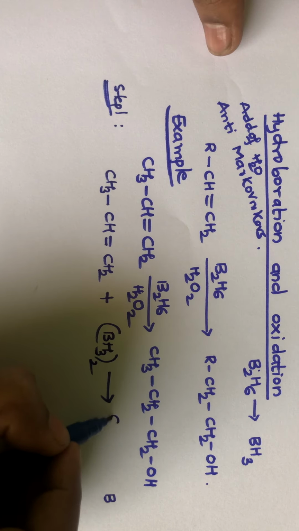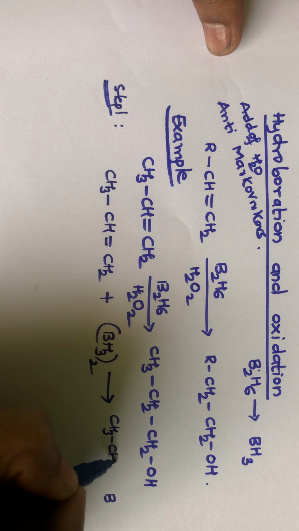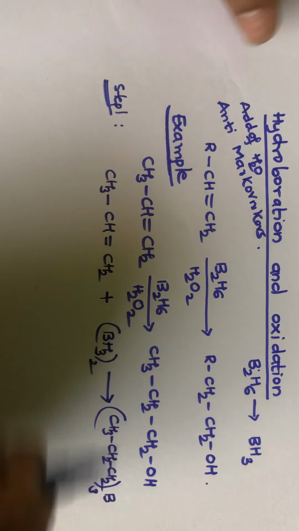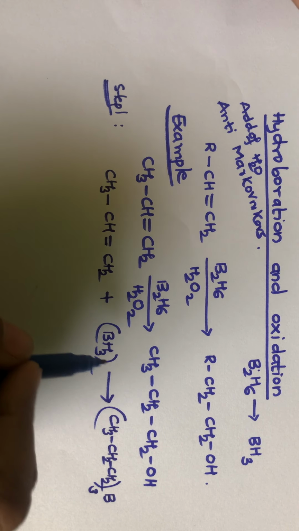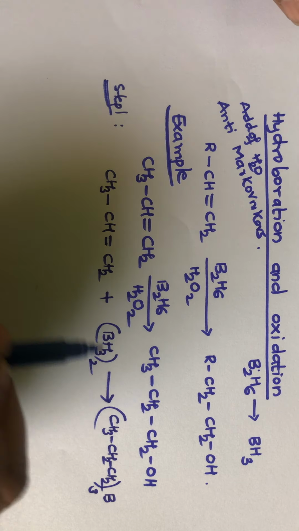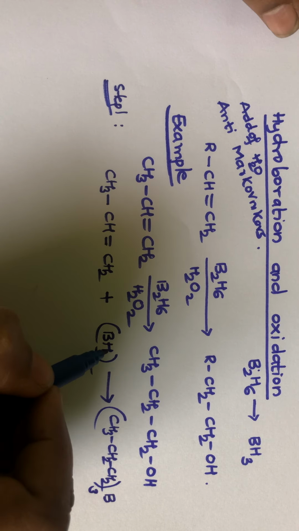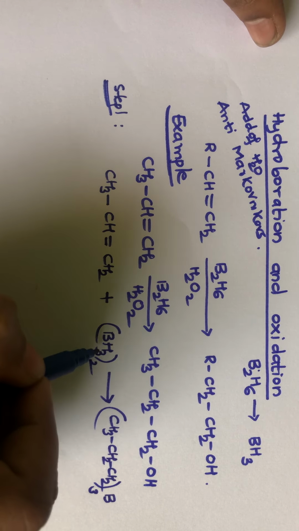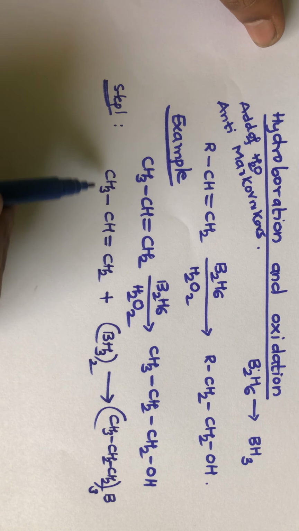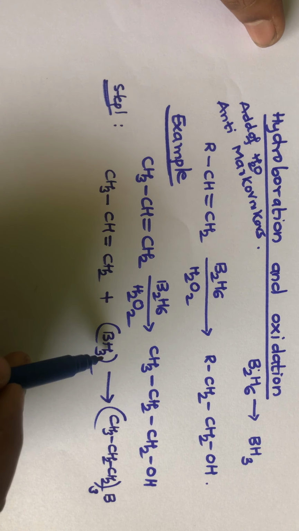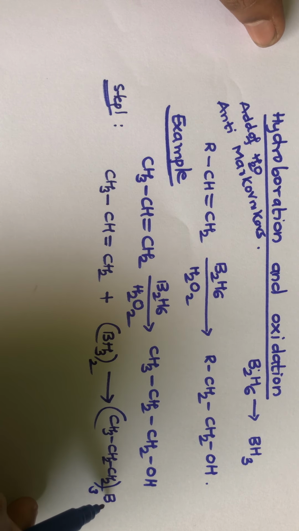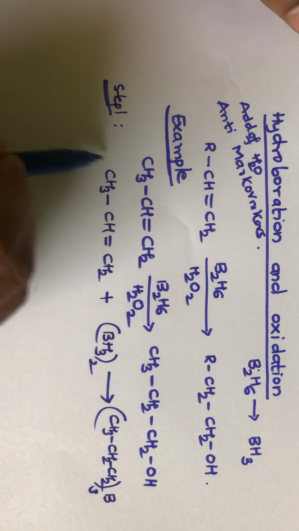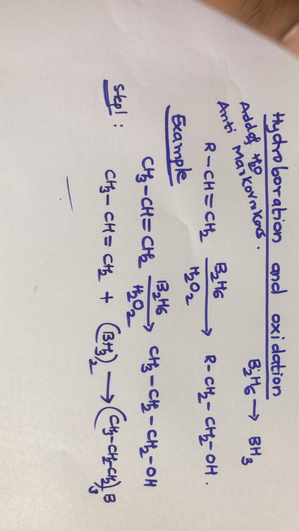So you get the compound CH3CH2CH2, 3 times B, because it is BH3. All the 3 hydrogens get replaced by CH3CH2CH2B. Boron valence is 3, so 3 such molecules will form a bond here.